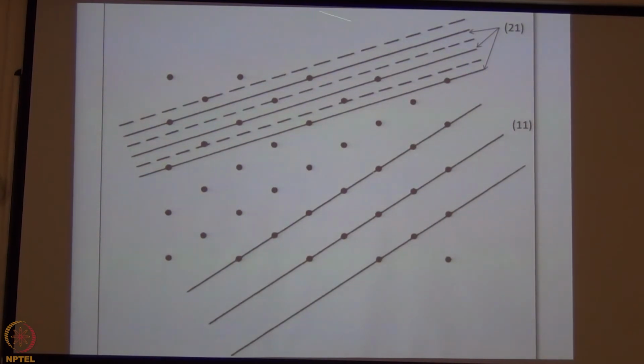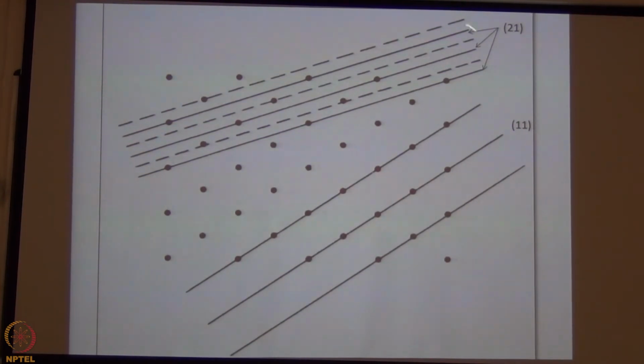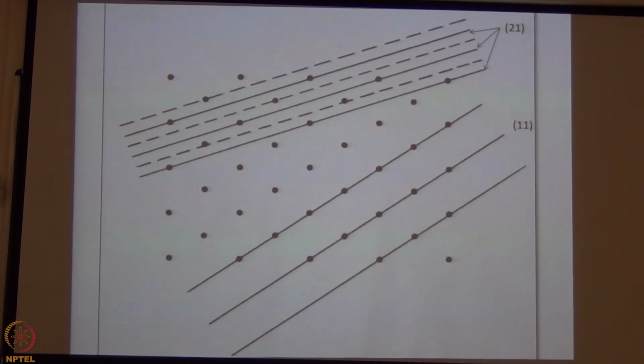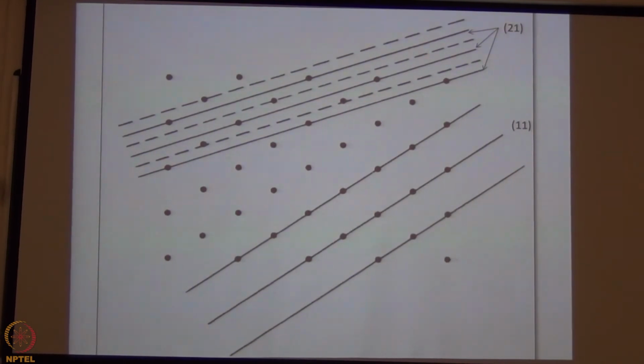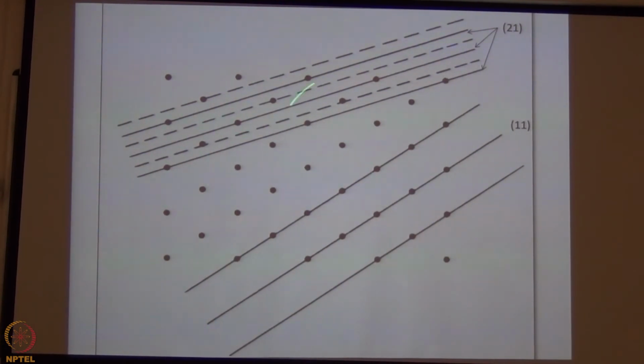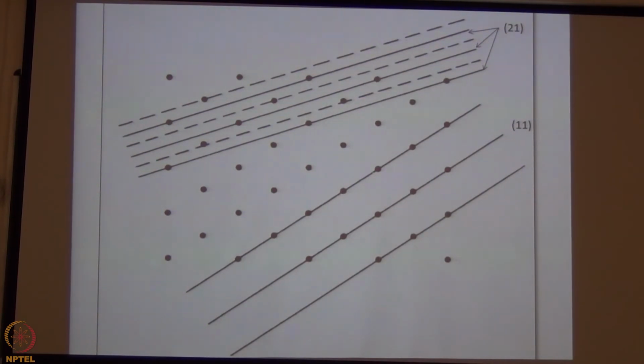If the Bragg condition is valid for d21, it will not be valid for half of d21. It will not be satisfying Bragg's law. So in this case, in the centered lattice, there will be destructive interference of diffraction, and systematically all 2, 1 set of reflections will be absent.